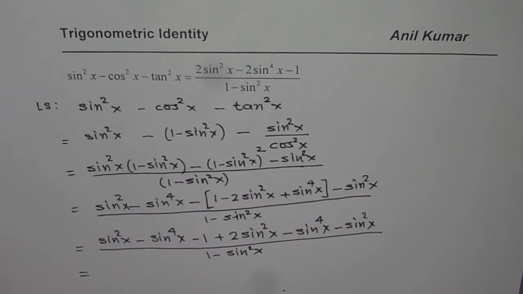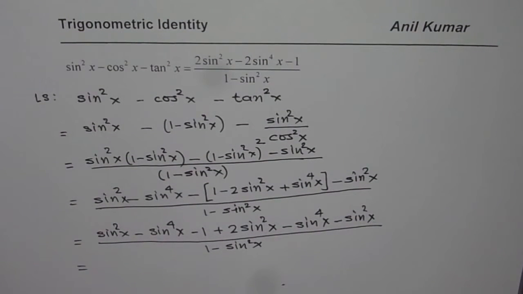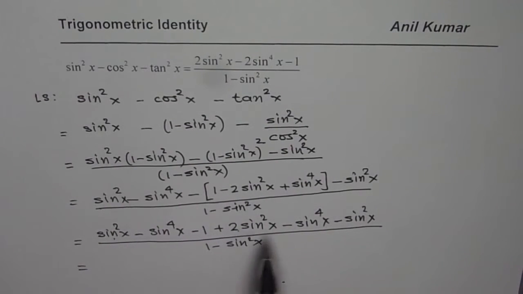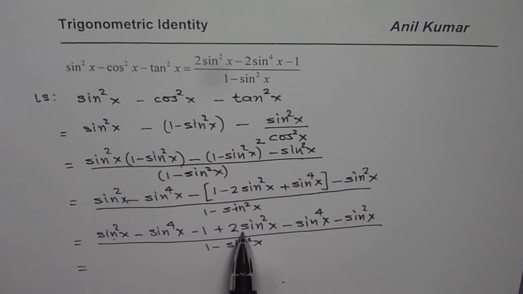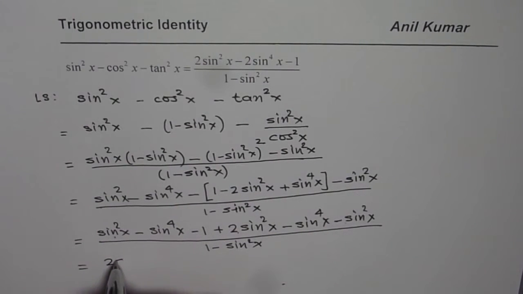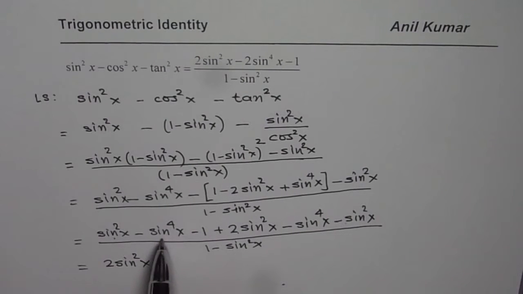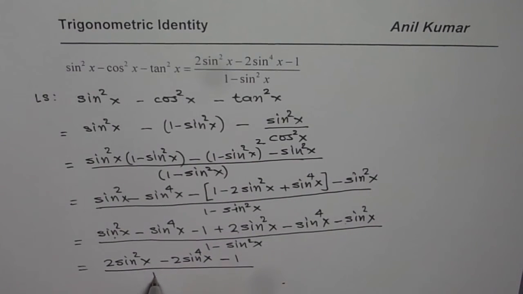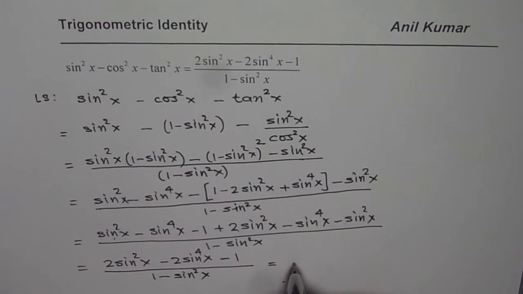Now let's see how many sin square x do we have: sin square x plus 2 sin square x and minus sin square x. That leaves us with 2 sin square x. Then sin to the power of 4x: 1 and 2, so we got minus 2 sin to the power of 4x, and constant minus 1, divided by 1 minus sin square x, which is the required right side.